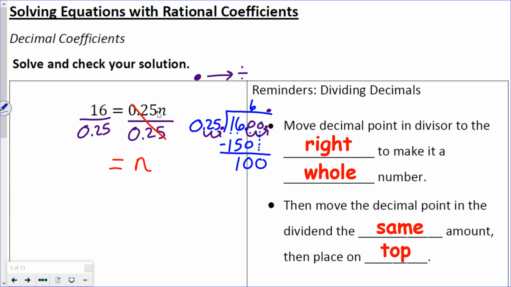So I need to keep dividing until I get a 0 at the end. If I had 100 pennies, that makes $1. How many quarters does it take to make $1? Well, 4. Then I subtract and get 0, and I'm done. So that tells me that my solution is that n equals 64.